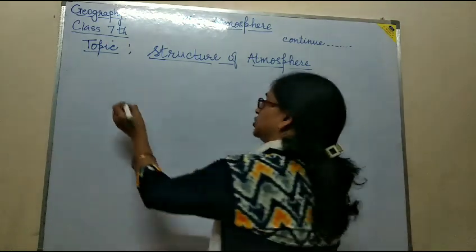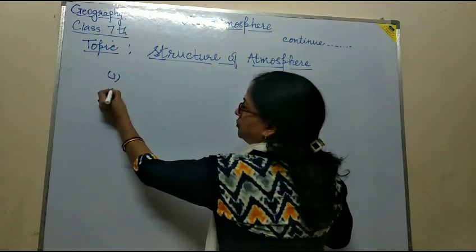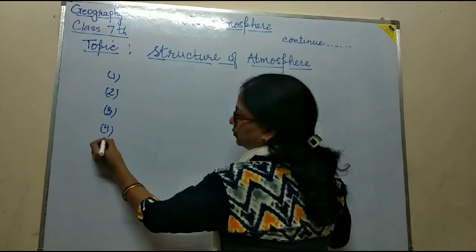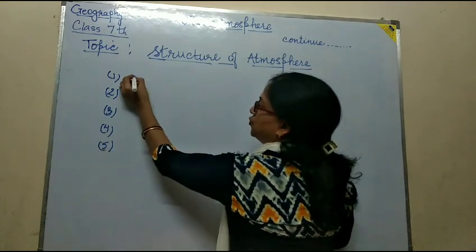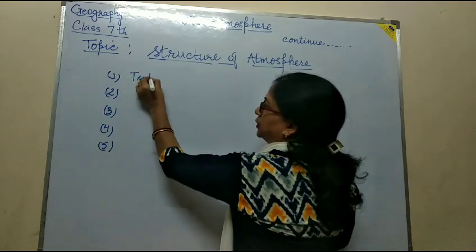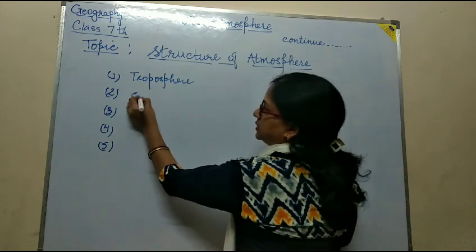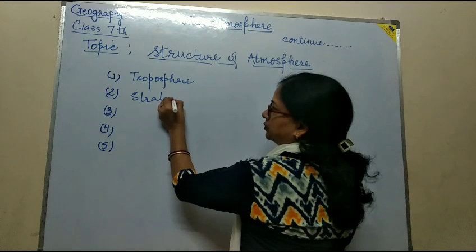On the basis of structure, the atmosphere is divided into 5 layers. What are the 5 layers? First is the troposphere. Second is the stratosphere.